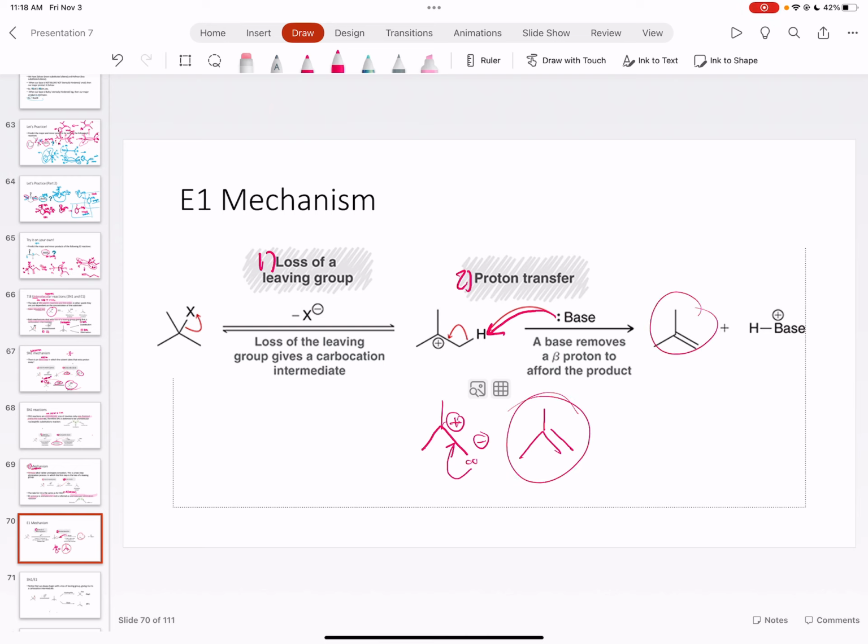So it's technically like they just put it this way so they don't have to do this multi-step process of drawing two things. They just said, oh, this broken bond becomes a double bond here. But I like to do it multi-step just because it's way easier for me to see what's going on. So overall, for the E1 mechanism, we start with a loss of a leaving group and then we do a proton transfer.